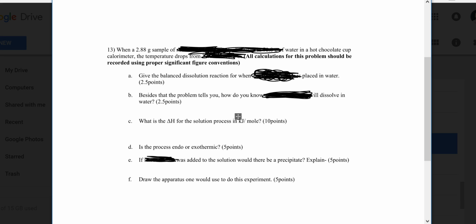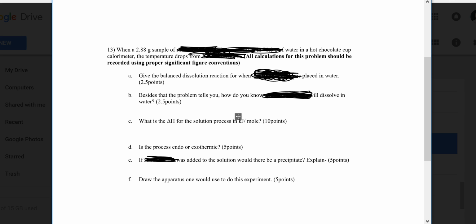This is the second type of problem you'll see in your free response. And it just reads, when the 2.88 gram sample of that thing is added to a certain amount of water, the temperature drops, and it gives you the 2 values there crossed out again. And then A says give the balanced dissolution reaction.